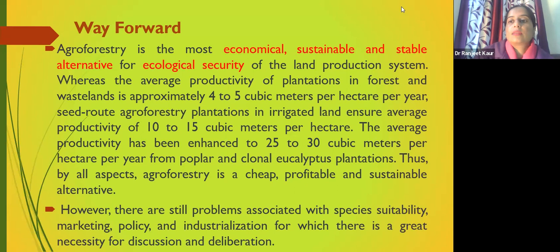However, with agroforestry, the average productivity has been enhanced to 25 to 30 cubic meter per hectare per year from poplar and clonal eucalyptus plantations in Haryana. So in this way, we can say agroforestry is a very cheap, profitable, and sustainable alternative.